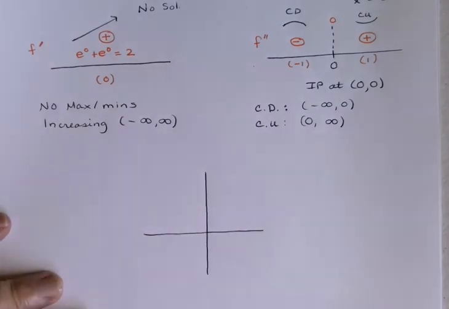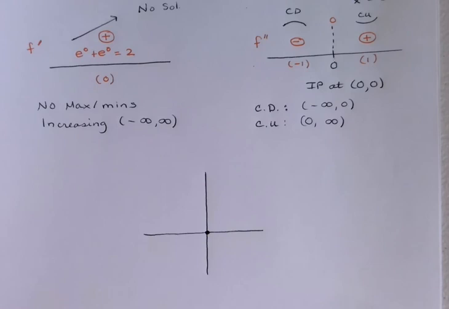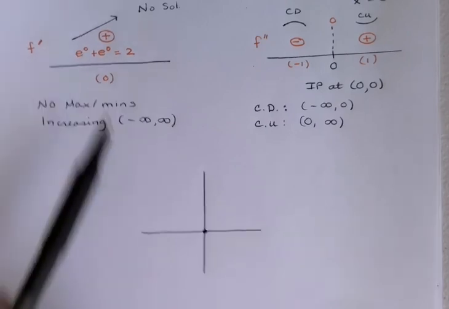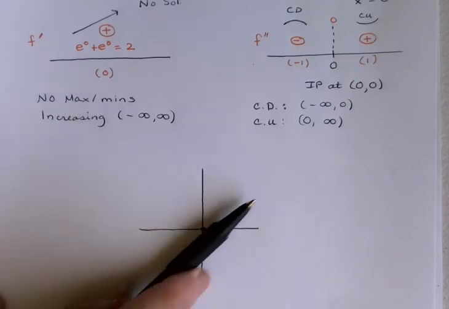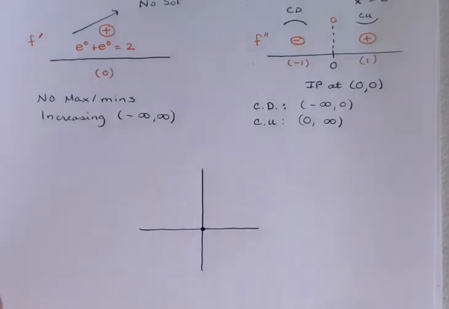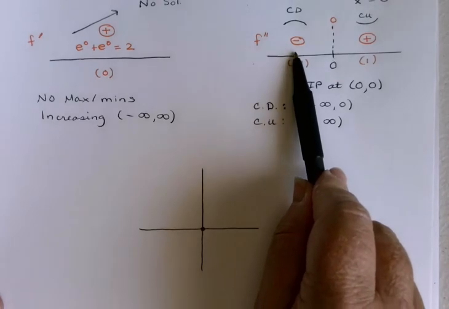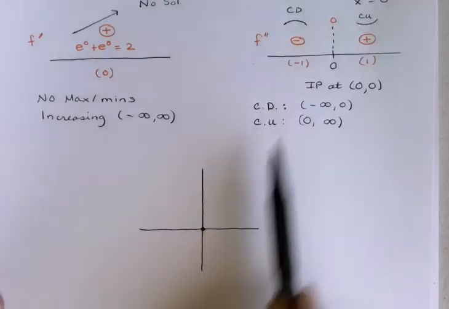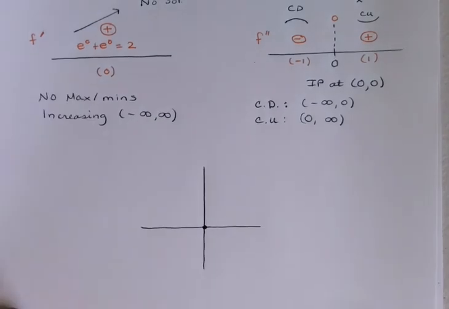The only point I know anything about is 0, 0, so that's the only point I'm actually going to plot. And I'd like to draw a graph that's always increasing, so it's going to have to go this way through 0, 0. It's concave down on the left side and concave up on the right side.